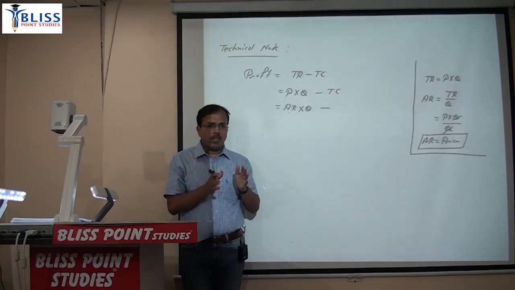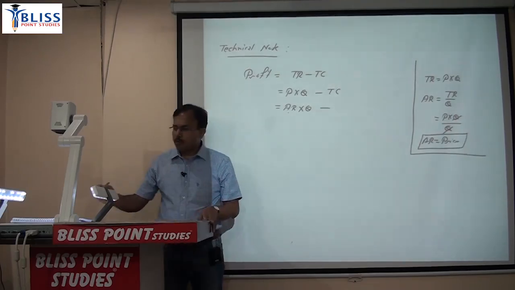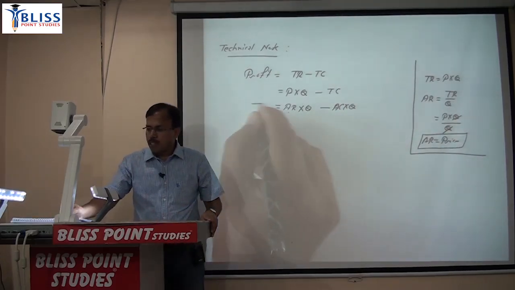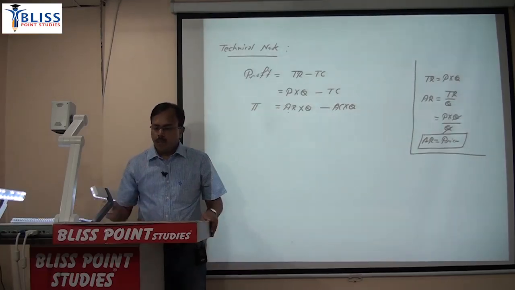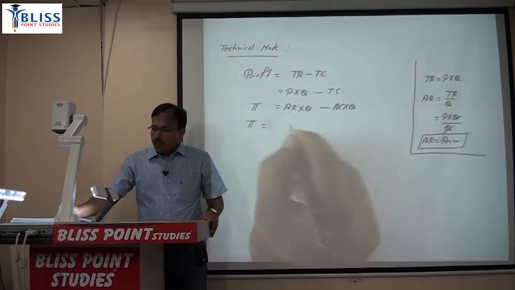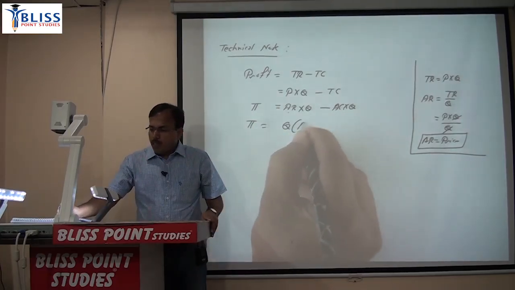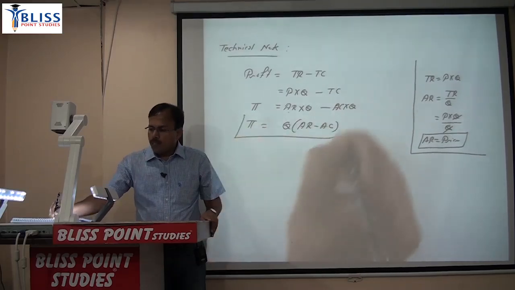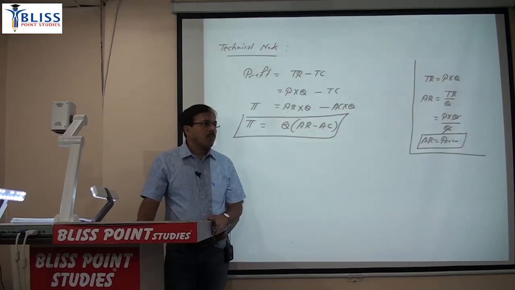Average into quantity. So how will you get total cost? Average cost into quantity. This is profit. Take quantity common, and in the bracket you will write AR minus AC. This is your profit equation.